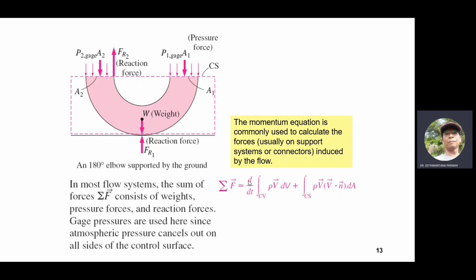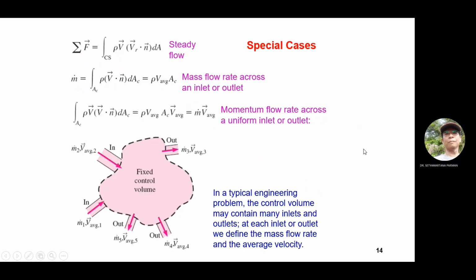So this is the previous expression, of course here using the fixed control volume. So here we are not using the relative V, but using the V itself. Then there are special cases.